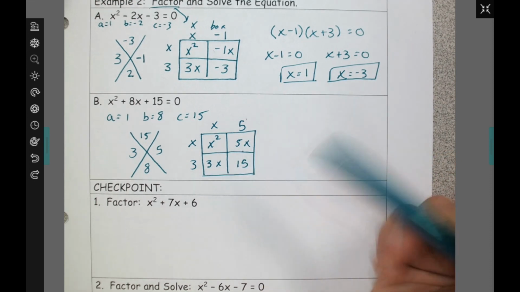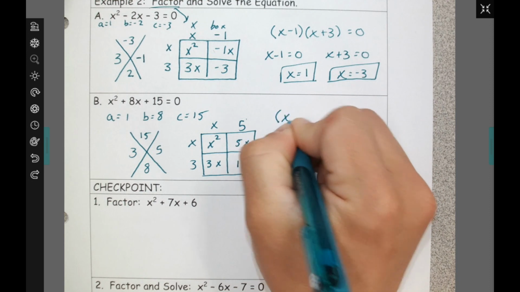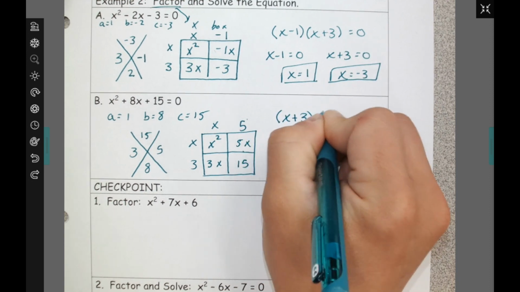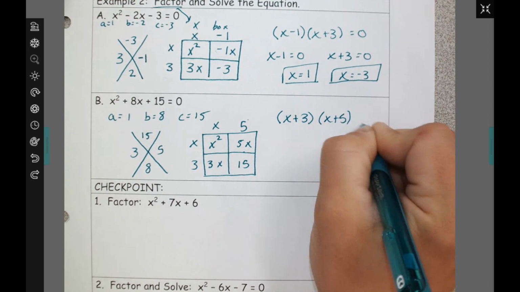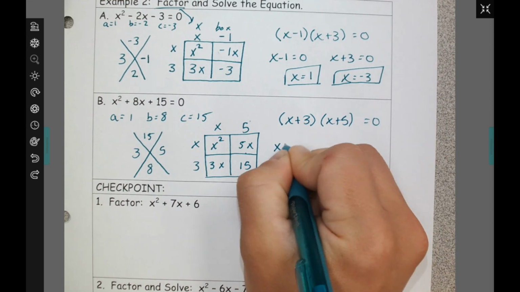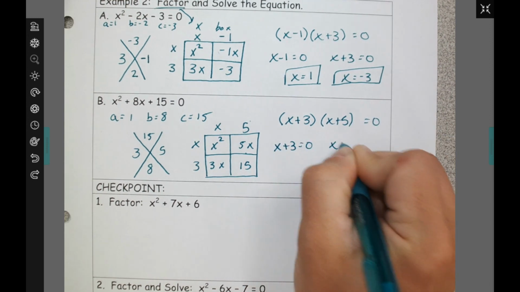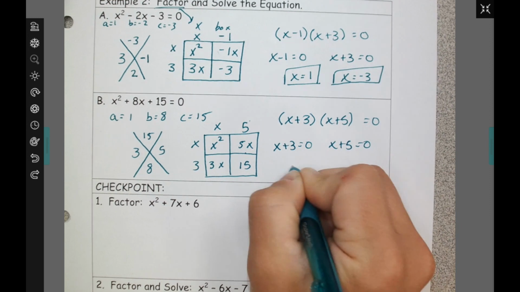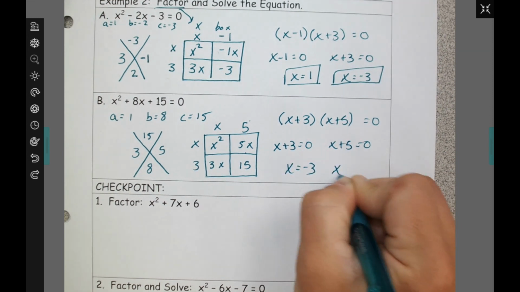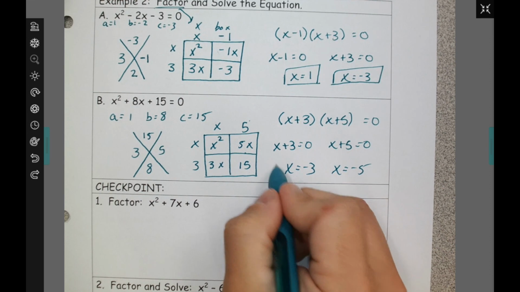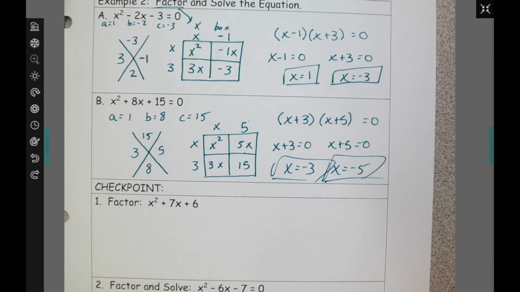The bottom row, each of those could have been divided by 3. Giving me x plus 3, x plus 5. And then again, we're going to break them and solve. Give me -3, -5. And that is it for section 10.5.